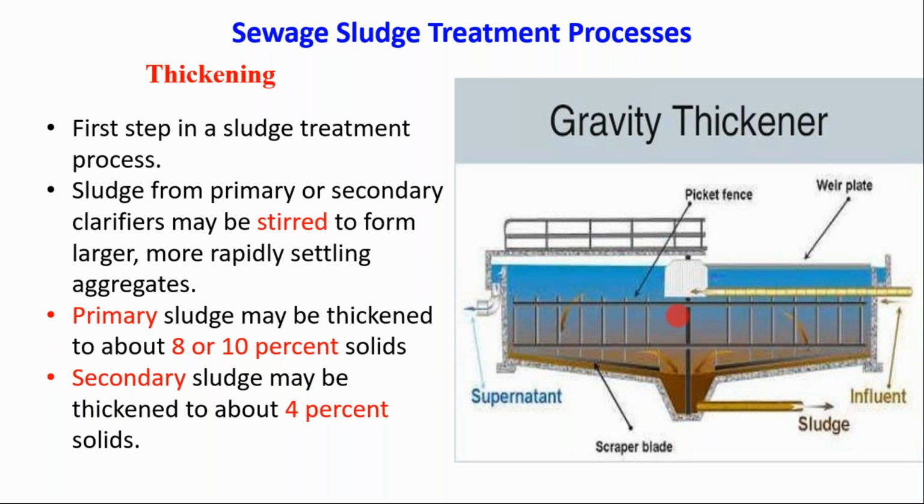With the help of gravitational force the solid particles can be separated out, which is called sludge, and the clean water is sent to the next stage. So this is the first stage of the sewage sludge treatment process, called thickening, and the equipment is called a gravity thickener.